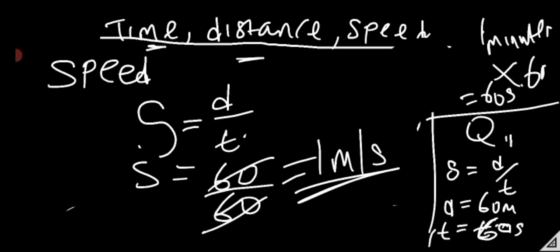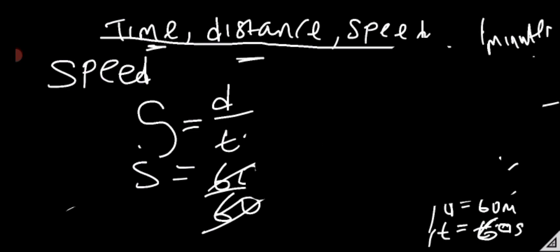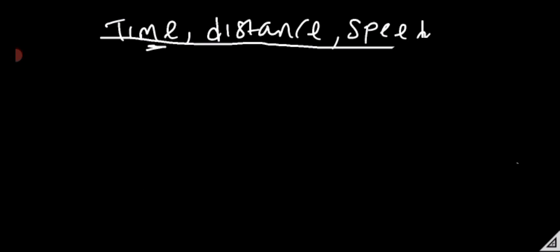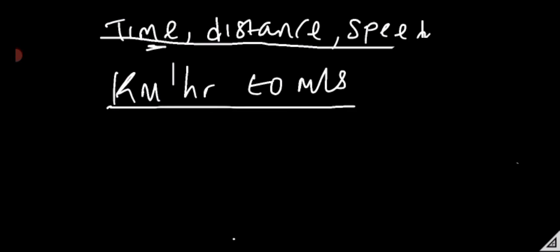That's all. So now, what if you want to convert speed from meter per second to kilometer per hour, and from kilometer per hour to meter per second? So to convert from kilometer per hour to meter per second, from kilometer per hour to meter per second, what we just do is to multiply.